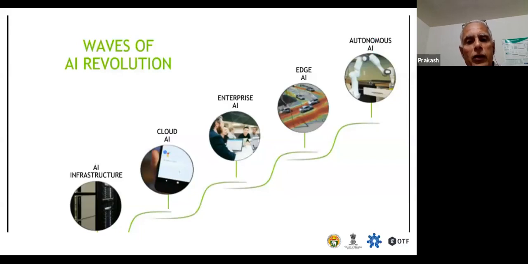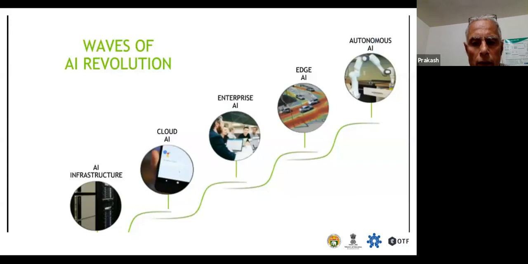Now you are seeing that it is in the enterprise. Now it's going to the edge. So we are at this fourth stage right now, and then we'll go to the fifth stage. Essentially, this evolution is more revolution than evolution, because in a span of just 2015 to 2021, in 6 years, you have gone through almost 4 stages at least.